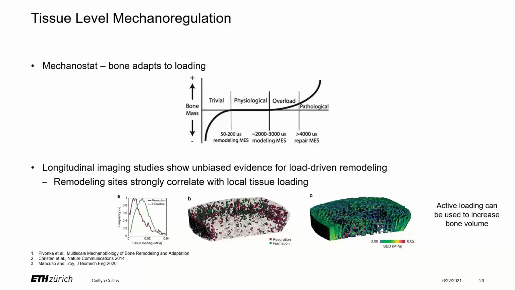So there they had patients essentially load their distal radius and looked at changes over time and was able to confirm what we've seen in, again, animal studies predominantly, that we can induce a positive adaptation in patients using loading.